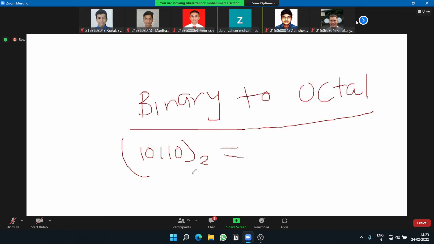So how will you convert? 26. Yes, 26 to base 8. So first we make the groups of 3 bits. Then you can add the 0 after this MSB. So this is 6 in decimal and this is 2. So it is 26.